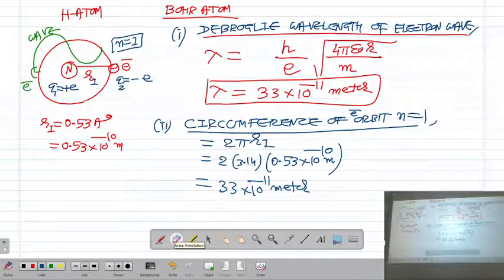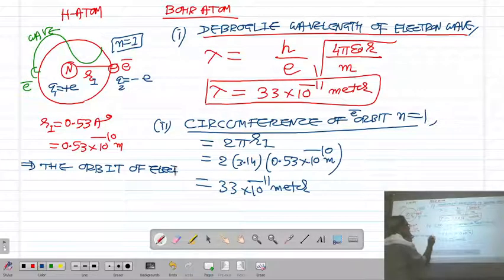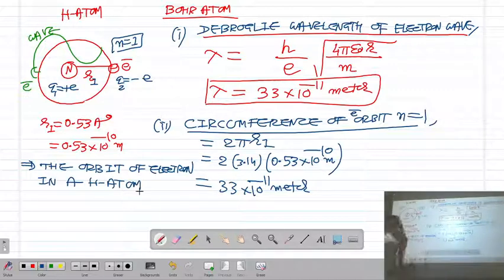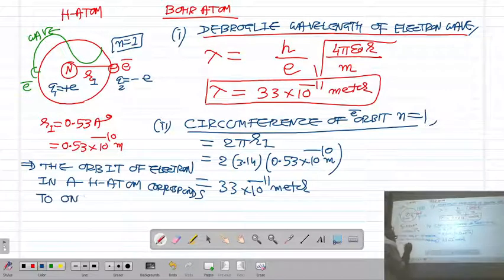So we can write down the conclusion here. The orbit of electron in a hydrogen atom corresponds to one complete electron wave.